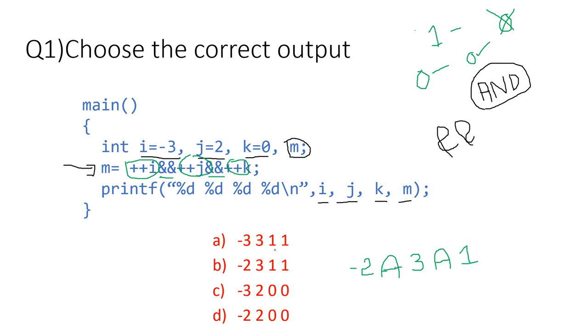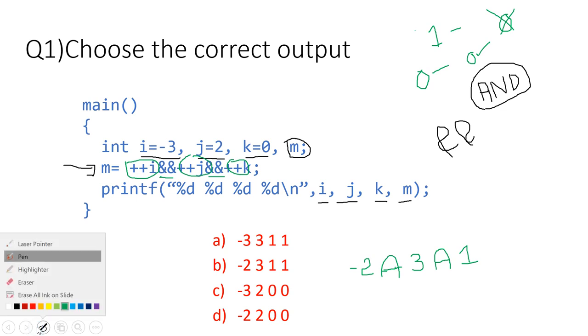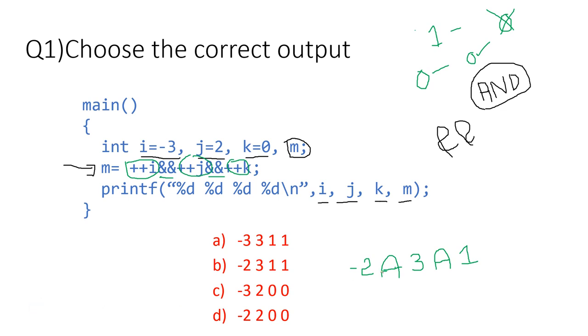Next the evaluation starts from the right side. It takes the right two numbers and checks if these are 0 or non-zero. The number on the left side is 3 and the number on the right side is 1, which are both non-zero numbers, hence it returns 1.